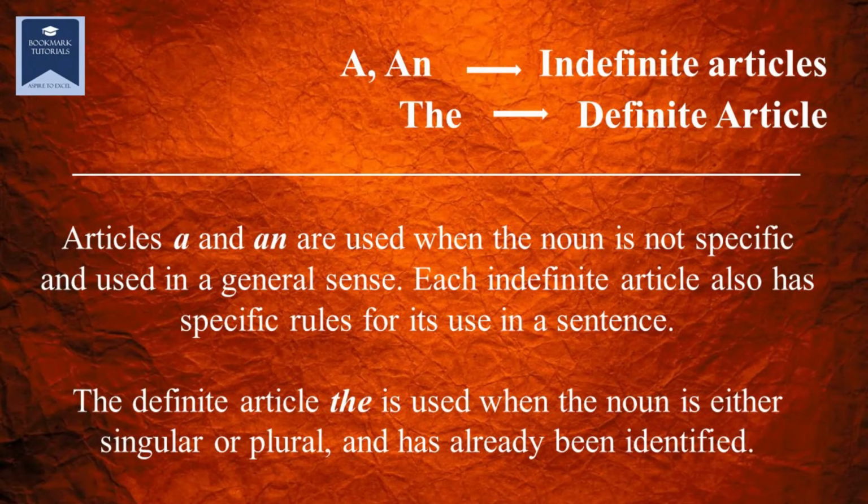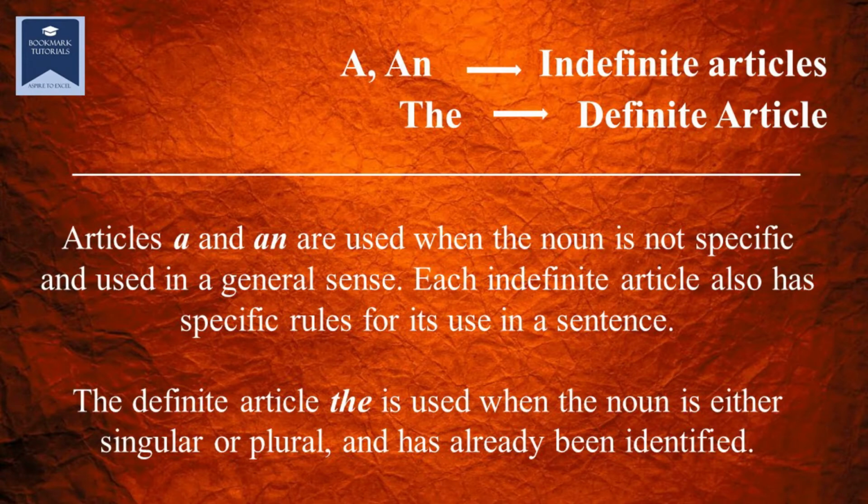We know that a and an are called indefinite articles, and the is the definite article. Articles a and an are used when the noun is not specific and used in a general sense.